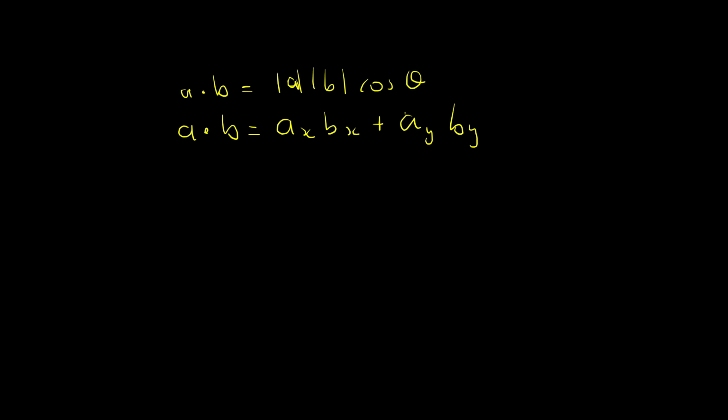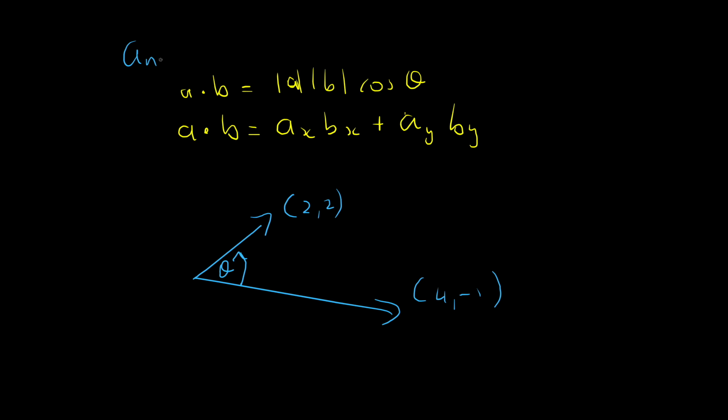So let's take another example. We've got two vectors, and this vector is maybe 2, 2, and this one is 4, minus 1. And we want to calculate the angle between these two vectors.